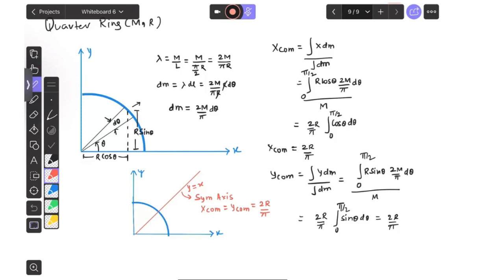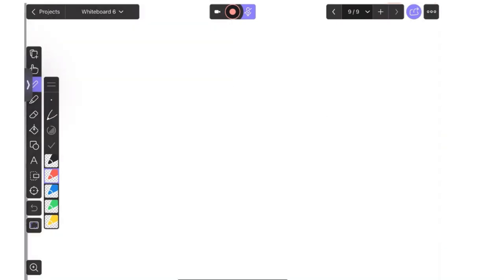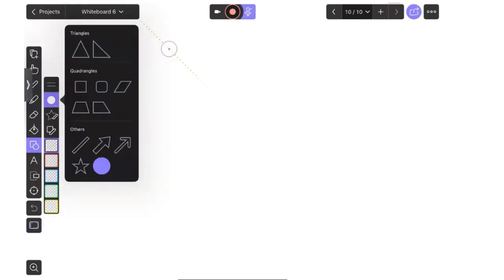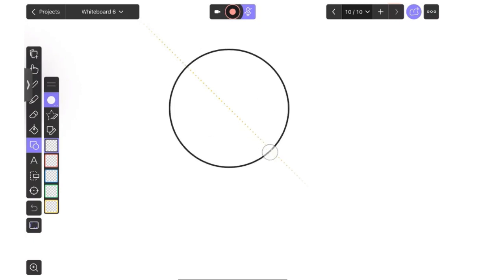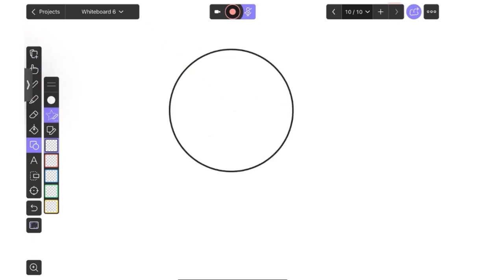It can come as a part of some bigger question where without knowing the center of the mass, you will not be able to solve anything further in that question. So there you cannot waste time in deriving it, even if you know how to derive it. There's a theorem in math that I know from my engineering studies. I don't remember the name of the theorem exactly, but I'll tell you how that theorem works.